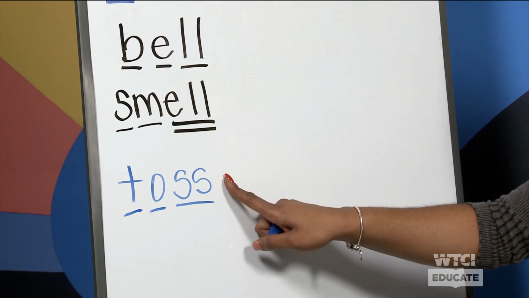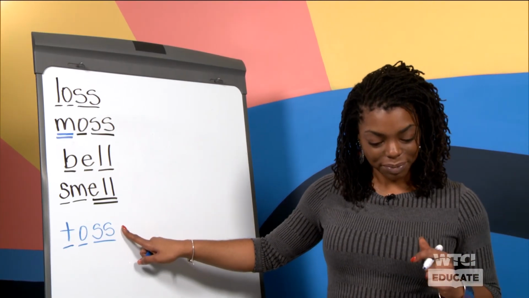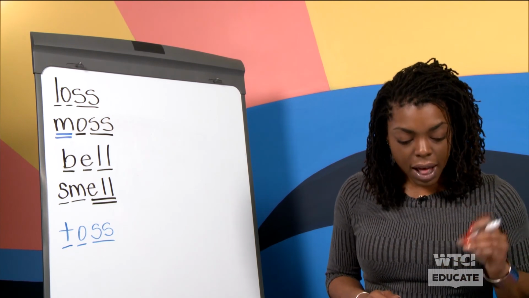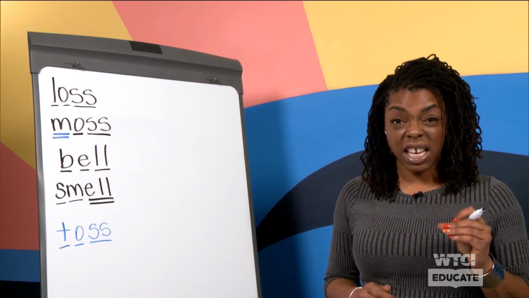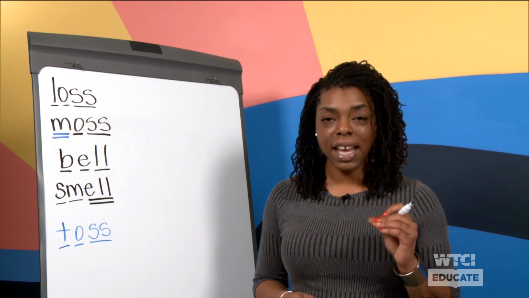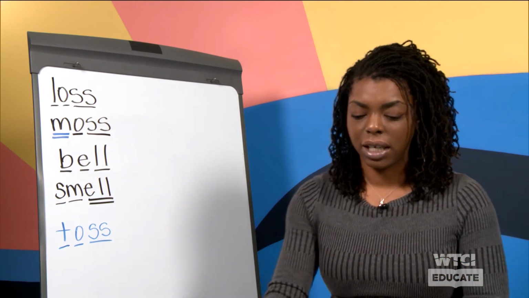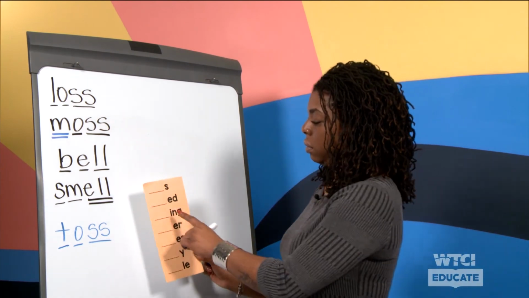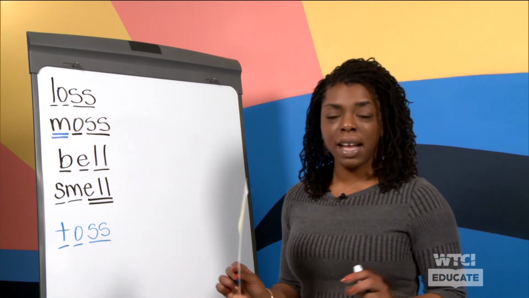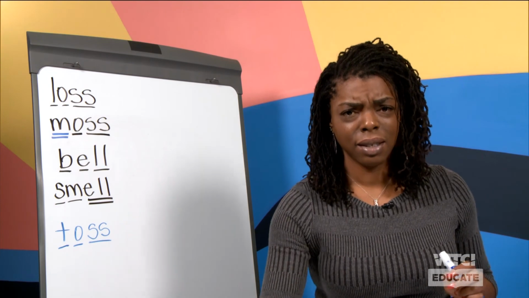Check your work. Did I do it correct? All right, so now let's look at the endings, okay? Do you remember the ending sound ed that I talked about earlier, and how it makes three different sounds?